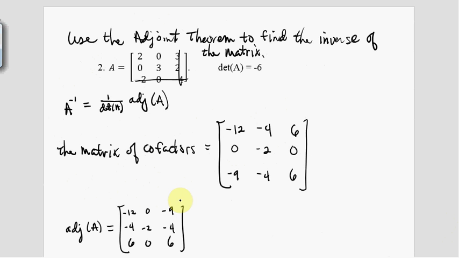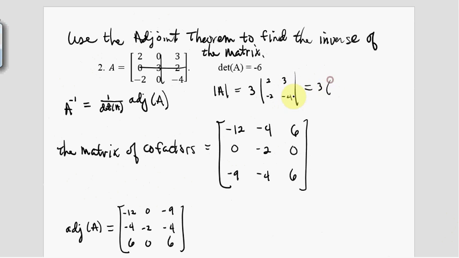Now, I stated there that the determinant was -6. I didn't solve for that, so let's just solve for that quickly. I'm going to find the determinant of A by cofactor expansion along the second column. You see that? It's a 0 there, it's a 0 here, so all you're doing is saying 3 times the determinant of the submatrix, which is the 2, the 3, the -2, and -4.